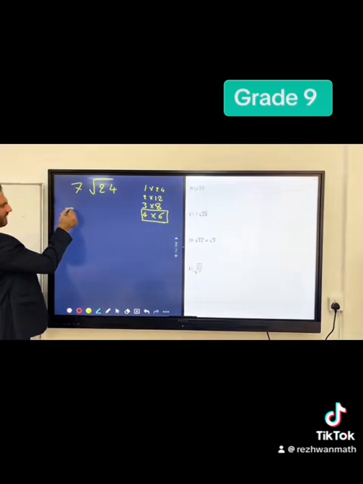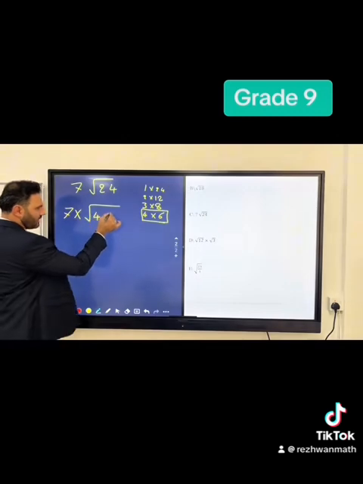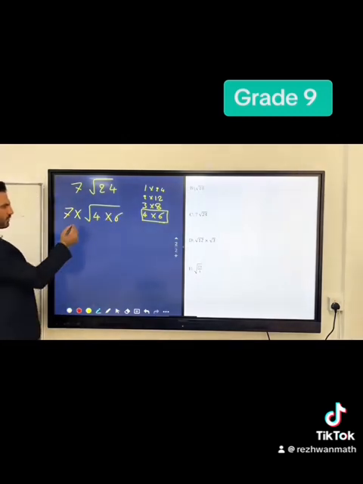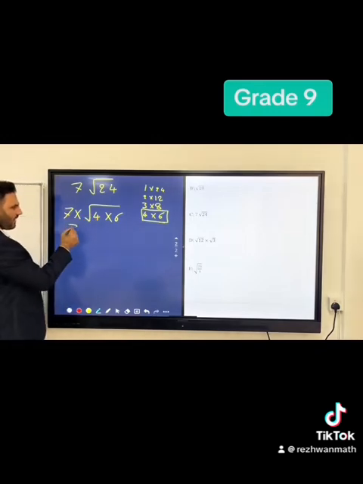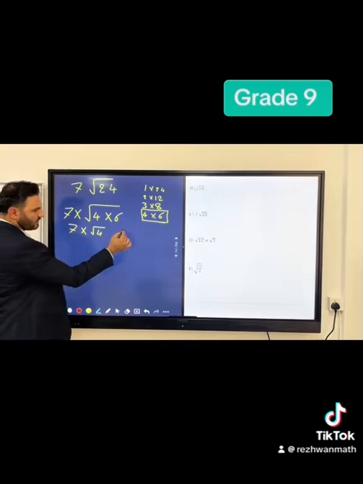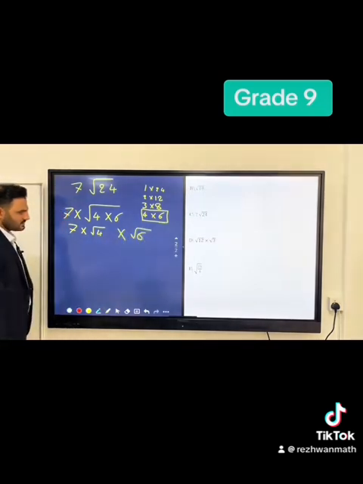Now we have 7 times the square root of 4 times 6. We need to distribute the square root for both 4 and 6. Then 7 times square root 4 times square root 6.